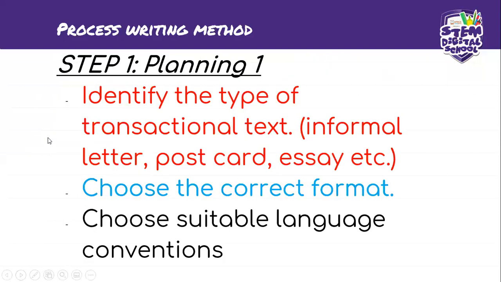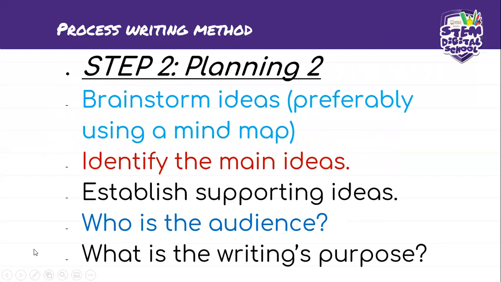Step one is planning. In step one, first you identify the type of transactional text. Before we get to that, let us refresh our memory about the different types of transactional text. For the next 2 minutes, let us name the types of transactional text that we should know.